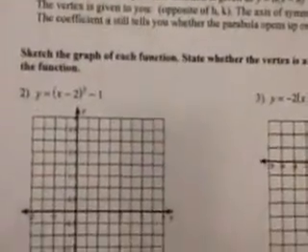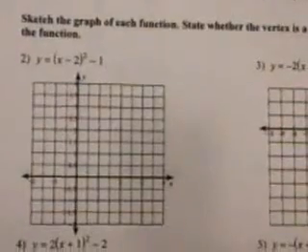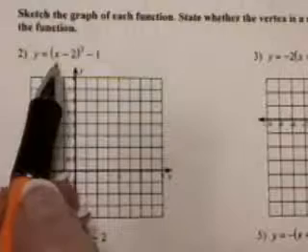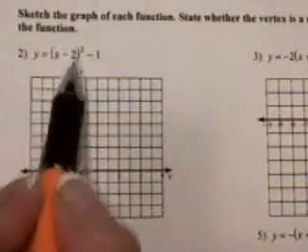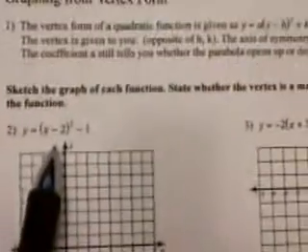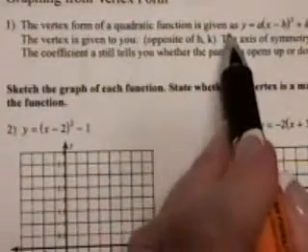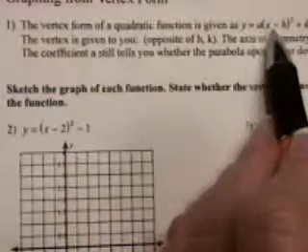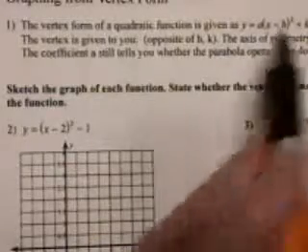So let's take a look at number 2, which is actually the first one. In number 2, negative 2 is in the place of h from the formula y equals a times x minus h squared plus k.